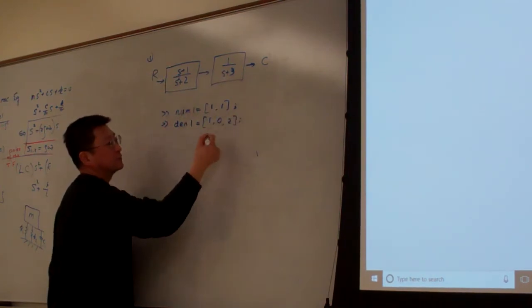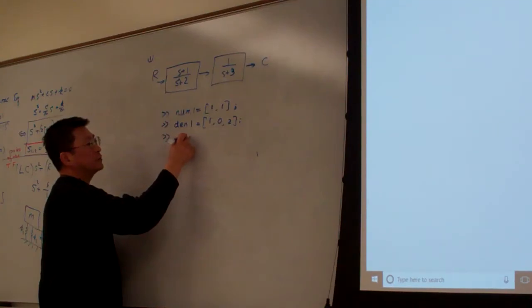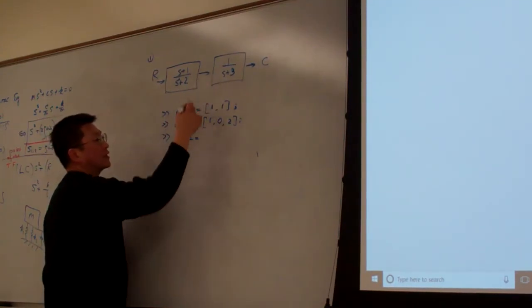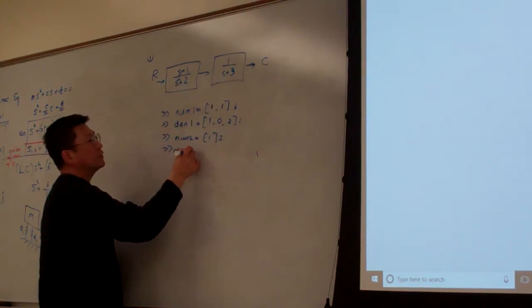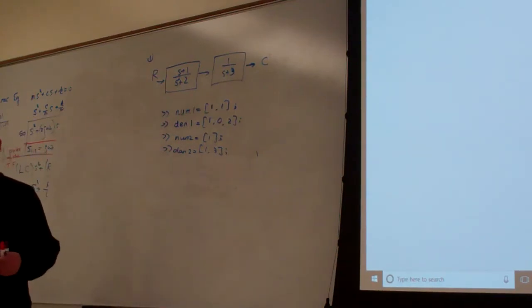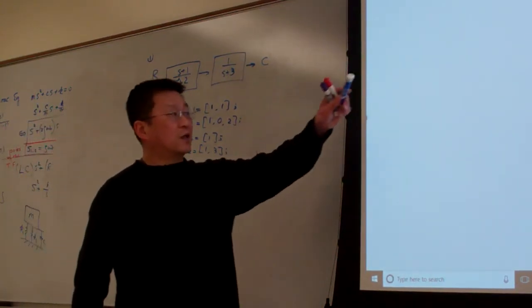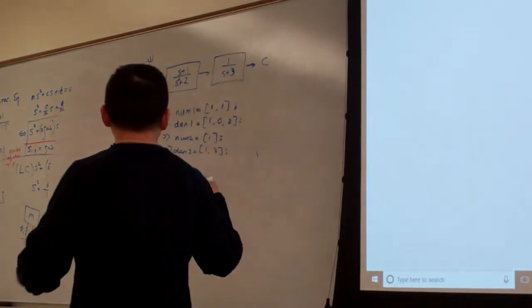So that is this one. Okay. And then for the numerator, num2, that one simply equals 1. And for den2, that one equals 1, 3. Okay, once you have those data ready, then you simply take up this command. Then the output will be given to you.